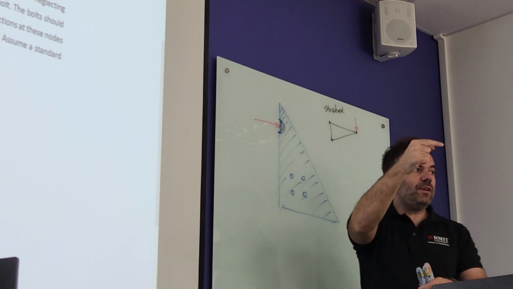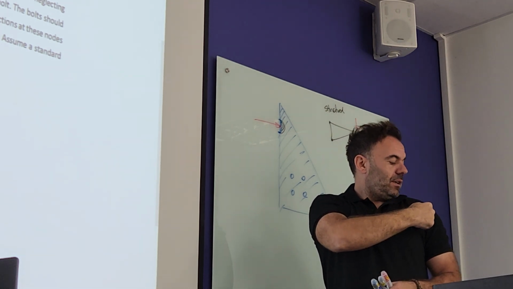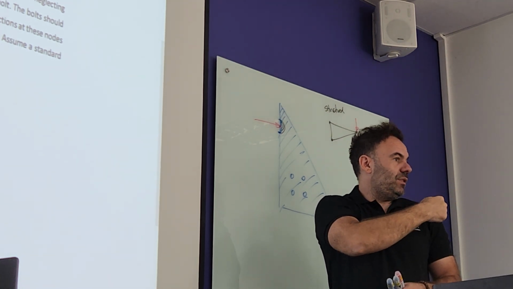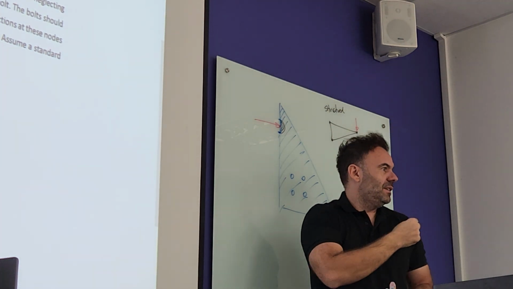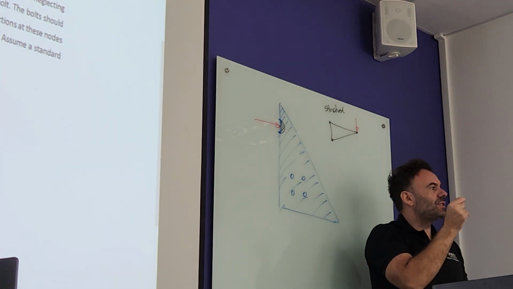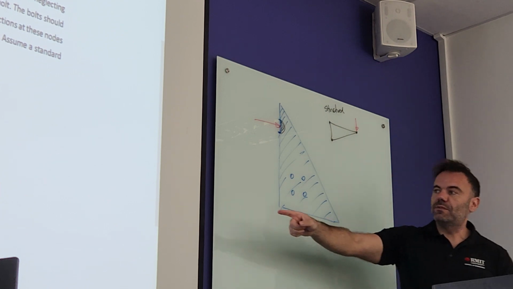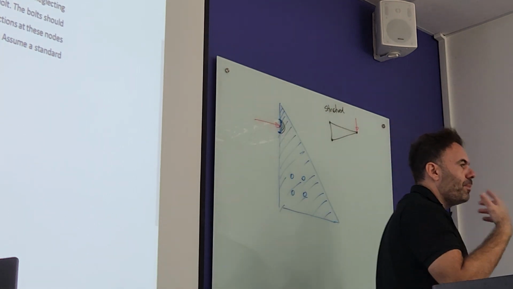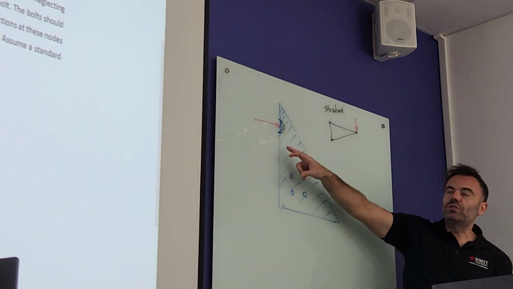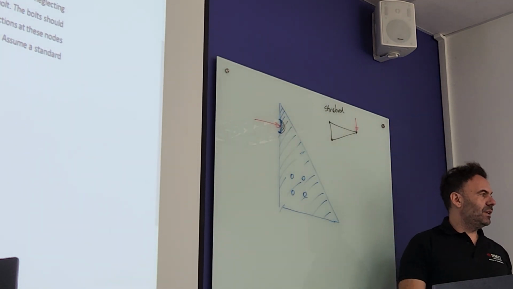Even if I use my finger to load something, it still applies over a bigger area. It's not infinite. It's not a needle essentially. Even a needle has got some cross-sectional area. This is virtual. This doesn't exist in reality.